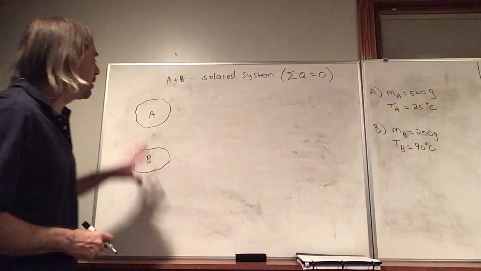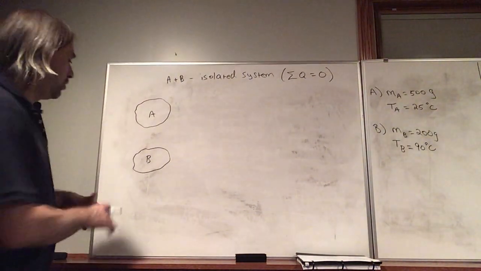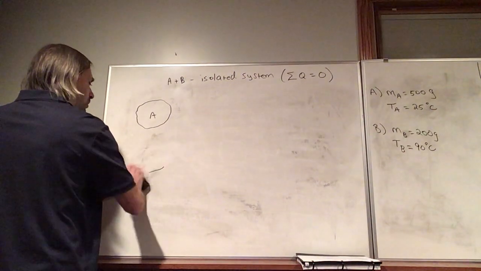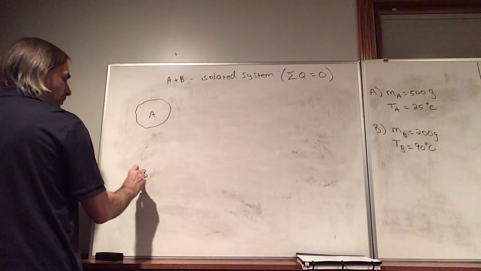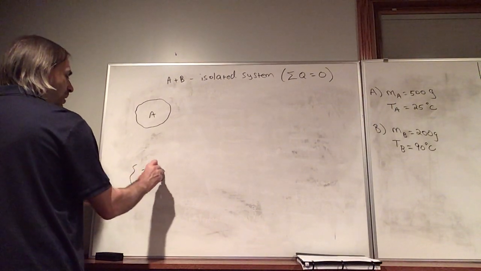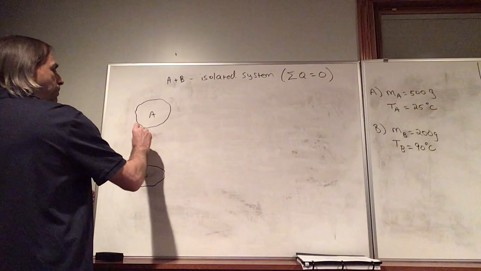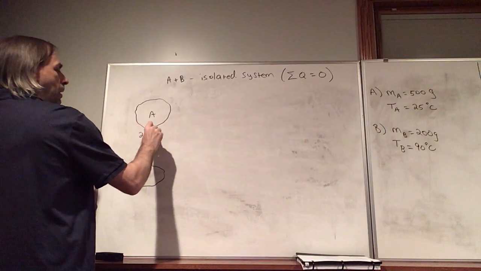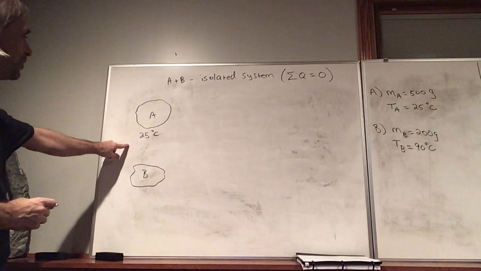So this is where I really like to draw pictures of what's happening here. So actually I'm going to move this down a little bit. So again, we're starting with something a little bit unrealistic, but very manageable. So A is in a liquid state at 25 degrees Celsius.